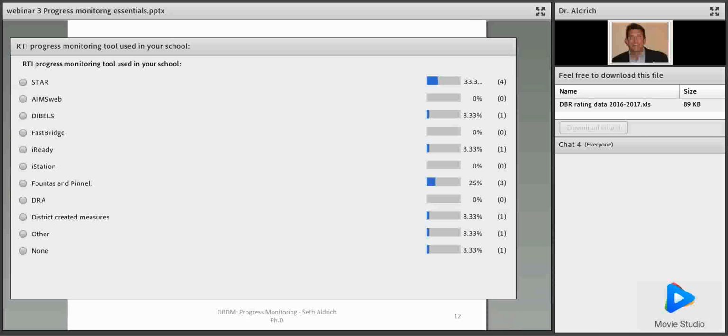Again, some of the slides that I present are examples, and I hope that you're able to generalize some of the concepts I talk about with the particular slides, just because I wanted to illustrate some of these concepts through a concrete measure. I see we got some STAR, we got some AIMSweb, Fontana, DRA, district-created measures, other, and none.